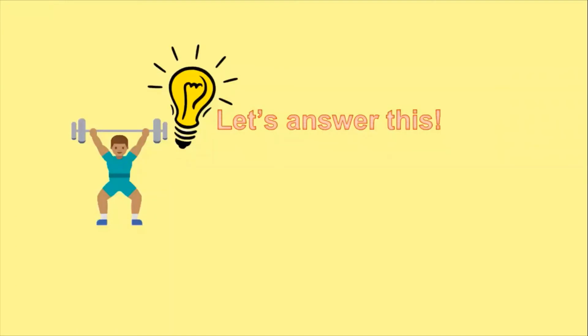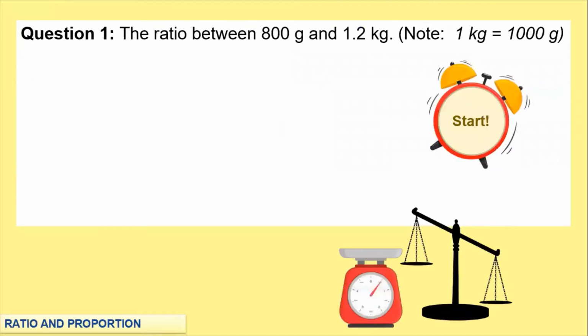So let's answer this. Question number 1. The ratio between 800 grams and 1.2 kilograms. Note that 1 kilogram is equal to 1,000 grams.